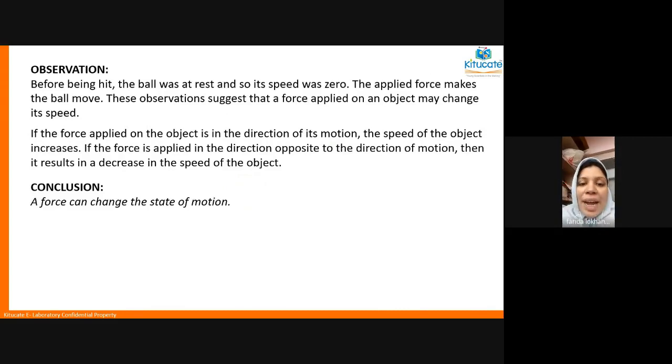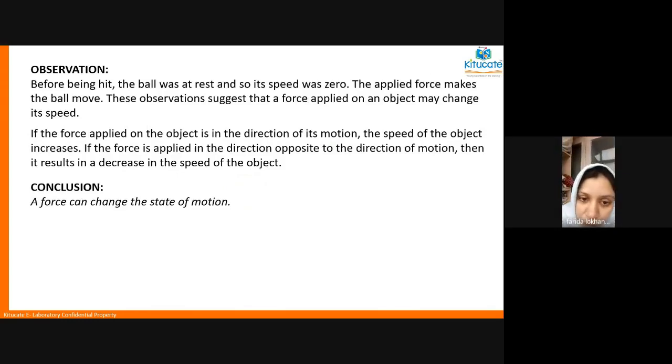By applying force, you change the direction of the object. The direction of the object was changed by using your ruler, so the force was used to change the direction of the motion.